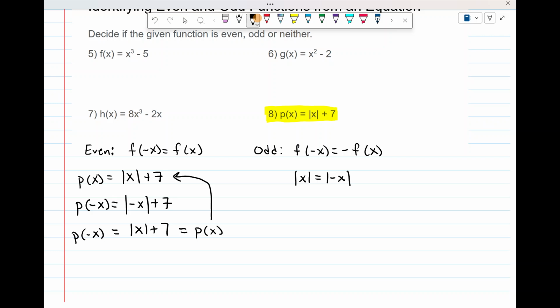So, since p of opposite x is equal to p of x, we conclude that p of x is even.